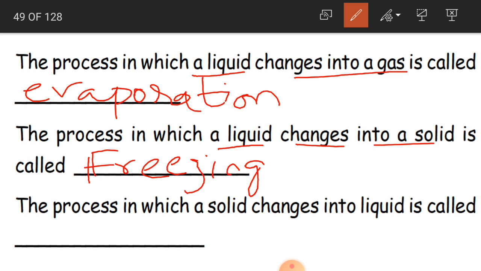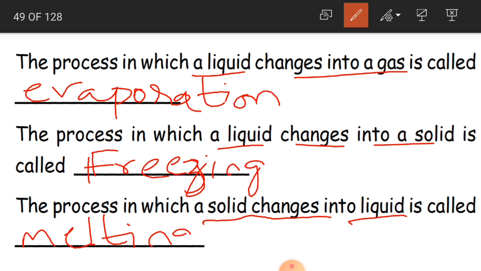Clear, children? Like as we keep the water in the fridge and get it frozen. And the third one is the process in which a solid changes into liquid. What is it called? It is called melting.